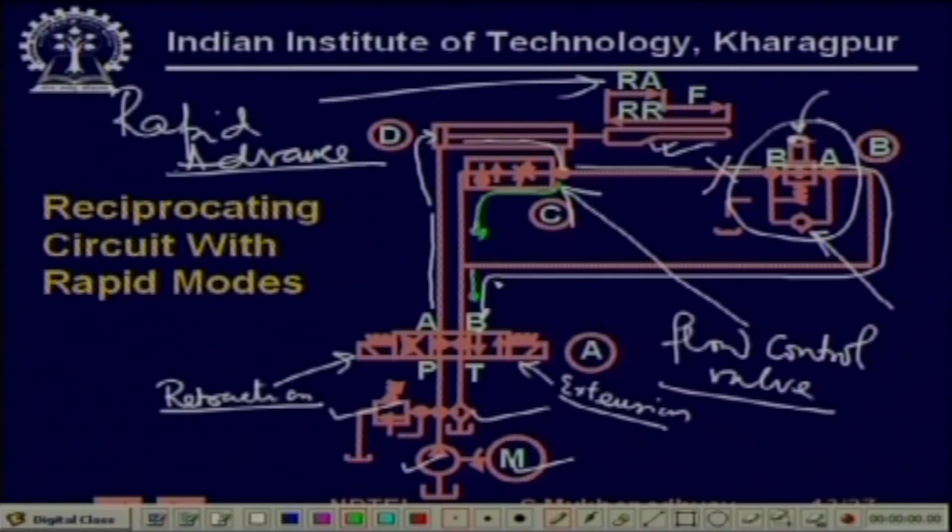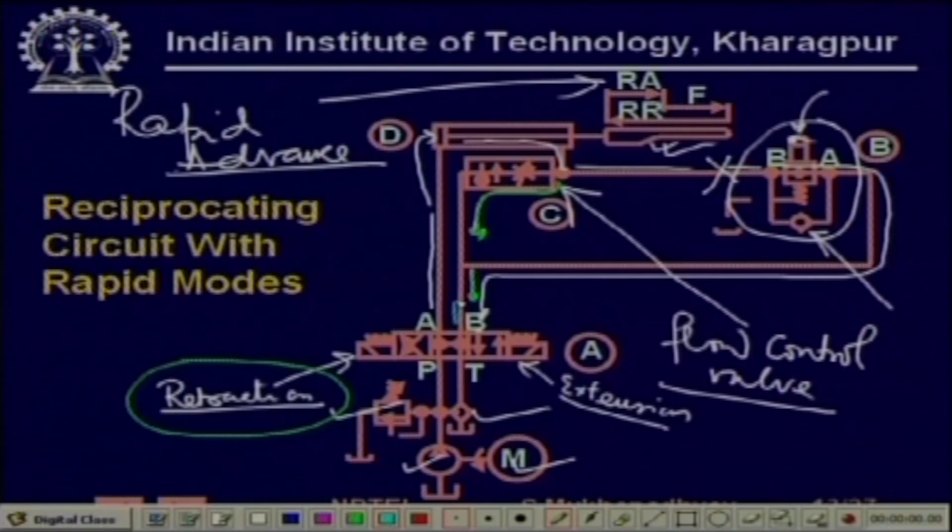Now, what happens when we want to have retraction? When we want retraction, we will operate this solenoid. When we operate this solenoid, let me choose a different color, probably the blue one. During retraction, now this line B is connected to pump.